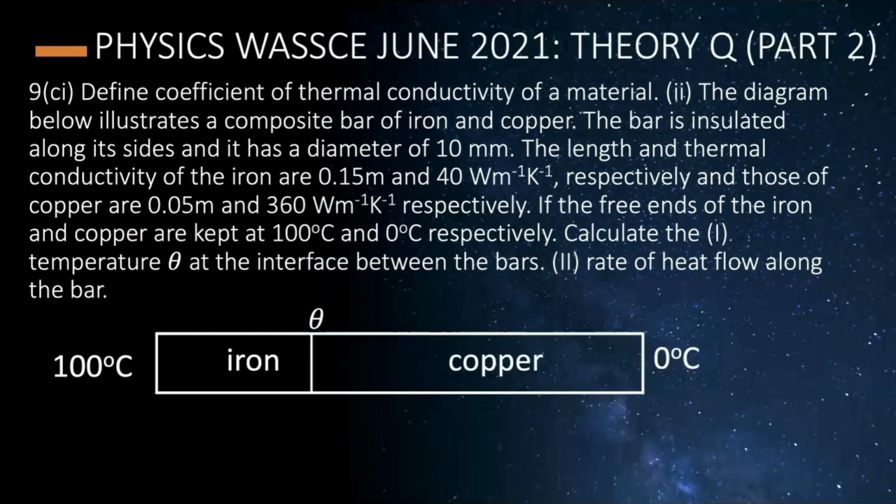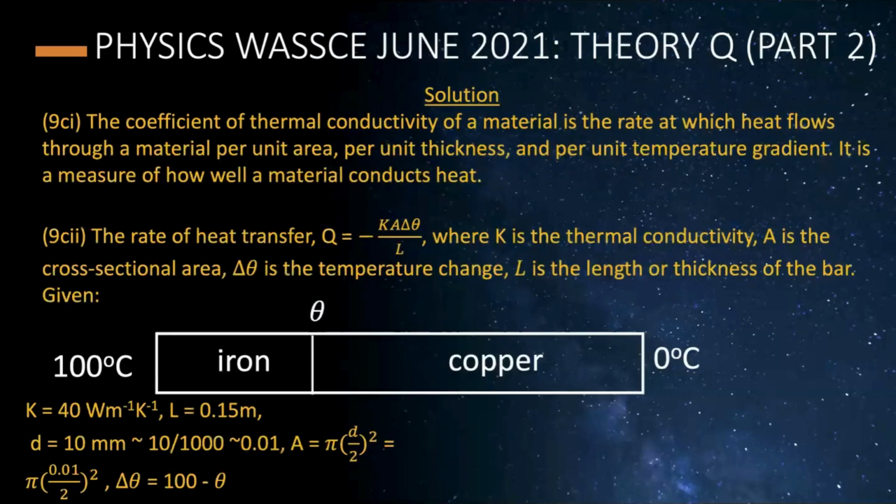And then we are asked to calculate the temperature at the interface, given that the iron is kept at 100 degrees Celsius and the copper is kept at 0 degrees Celsius. So now keep this image in mind and then look at it here again. I have to bring it up here so that it will help with getting into the solution for that one.